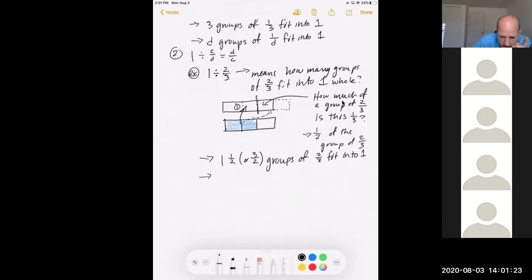And 3/2 is related to my initial division problem. It's actually D over C. So there's D over C groups of 2/3, or C over D, that fit into one.